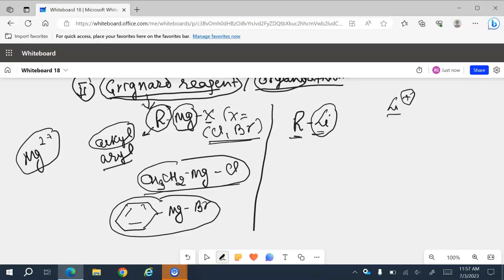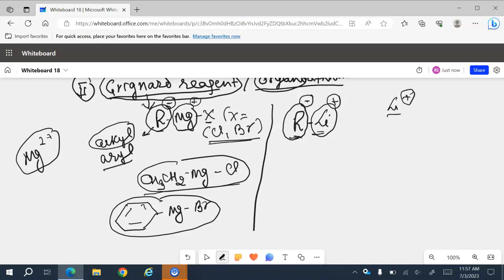In both types of reagent, since the R group is attached to the metal, like we saw in sodium acetylide, the R group here will be negative and the metal will be positive. Likewise, in Grignard reagent also, the R group is negative, and the magnesium attached to the halogen will be positive.